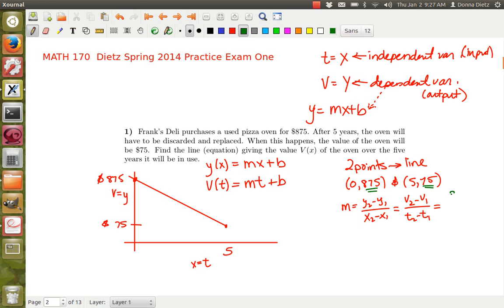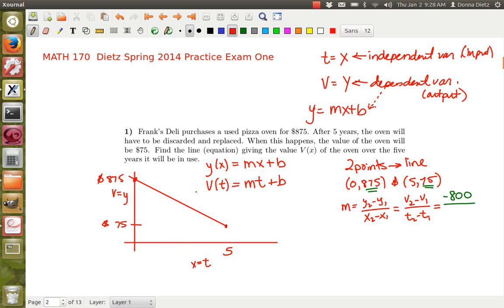You might say, oh, it's 800, but you may have forgotten the negative sign. But that's okay initially, because you see this is a downward sloping curve. You always follow your curves the way you read. Whichever way you read, from left to right in English, that's the same way you follow the curve up there.